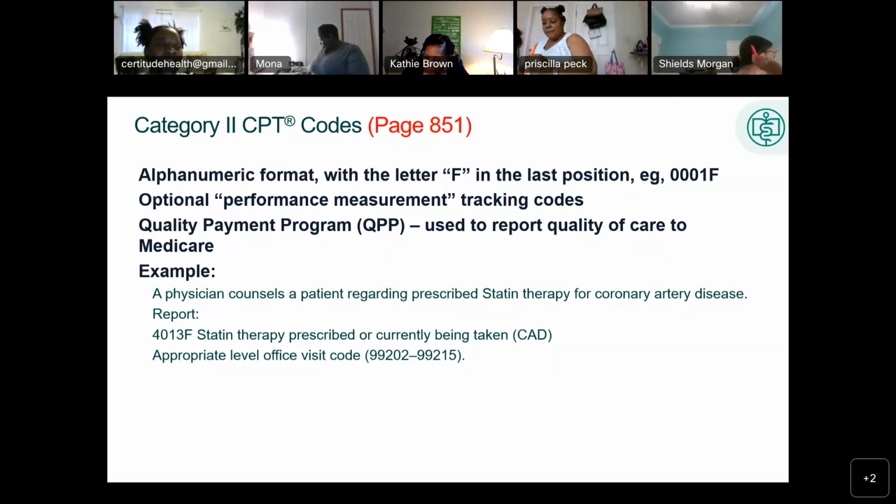So all you really need to know is that these are codes that are used for performance measurements. That's it. We're not going to be tested on them then. Not at all. You may be tested by being asked what codes are used for performance tracking, and that would be category 2 codes or F codes.